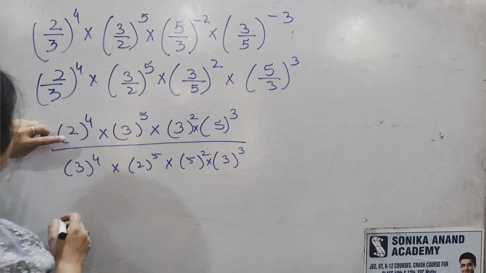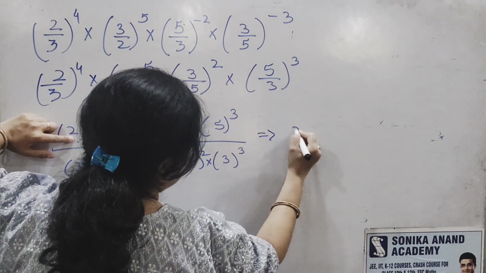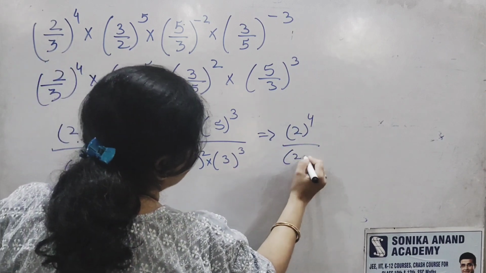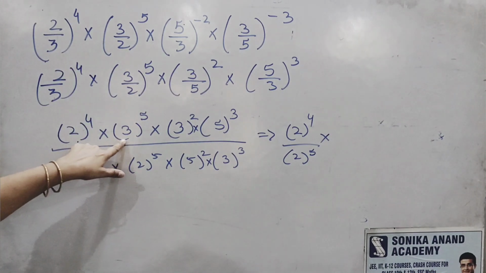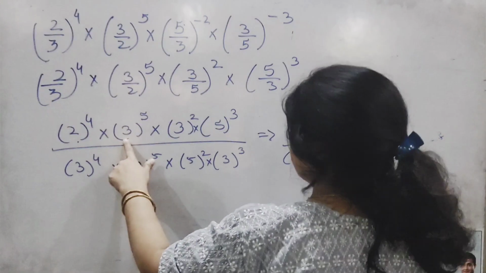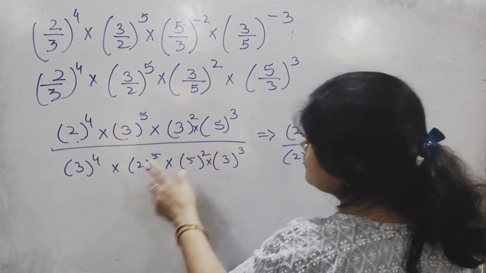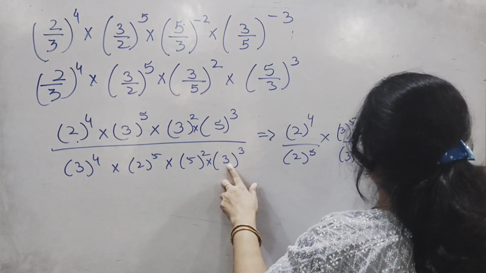Now, this is 2, so 2 to the power 4, denominator 2 to the power 5, into. Now 3: 3 to the power 5, 3 to the power 2, and 3 to the power 4, 3 to the power 3.